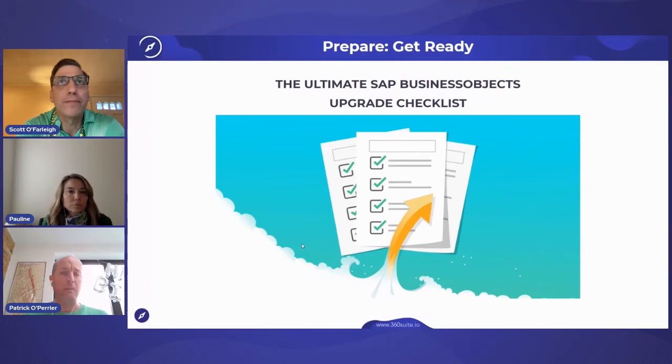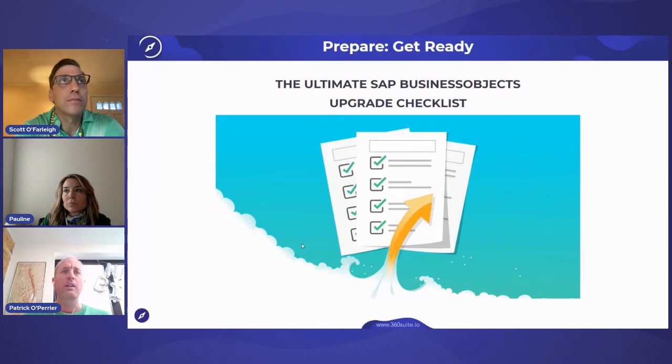Now, Pauline mentioned an assessment earlier, absolutely right. Once you've read what 4.3 is all about, what's missing or not in the product, your supported platforms are all going to be okay. You've decided, right, I'm going to do it in place or side by side. You're ready to actually start the project here.